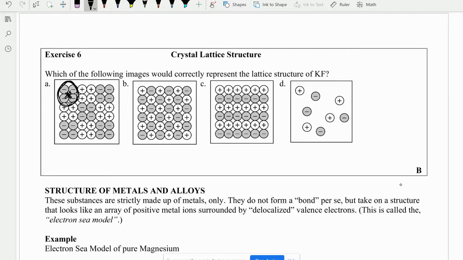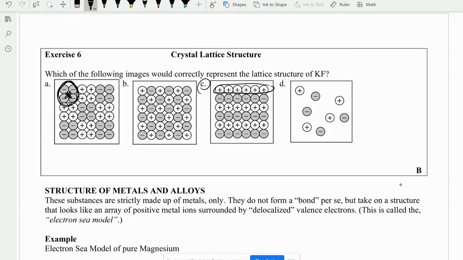If you look at option C, it's kind of the same reason. Although it's alternating rows of positive and negative charges, within any given row there are too many like charges in that area that would likely cause a repulsive effect, and therefore that structure would never form.